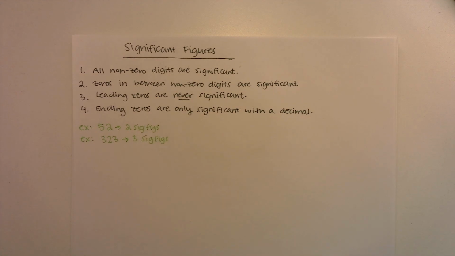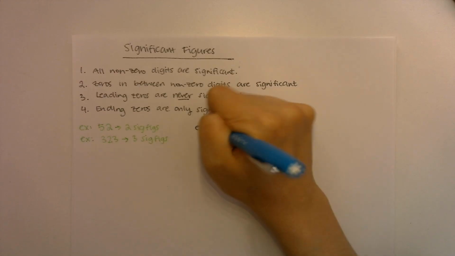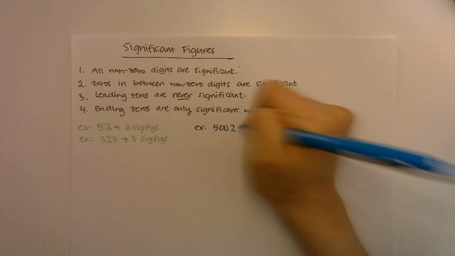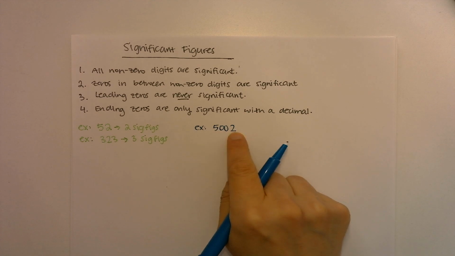Rule number 2 is zeros in between non-zero digits are significant, meaning that if they are sandwiched, I like to call it sandwiched, in between non-zero digits, they are significant. For example, if we have 5002, non-zero digits are always significant, but then we look at the zeros.